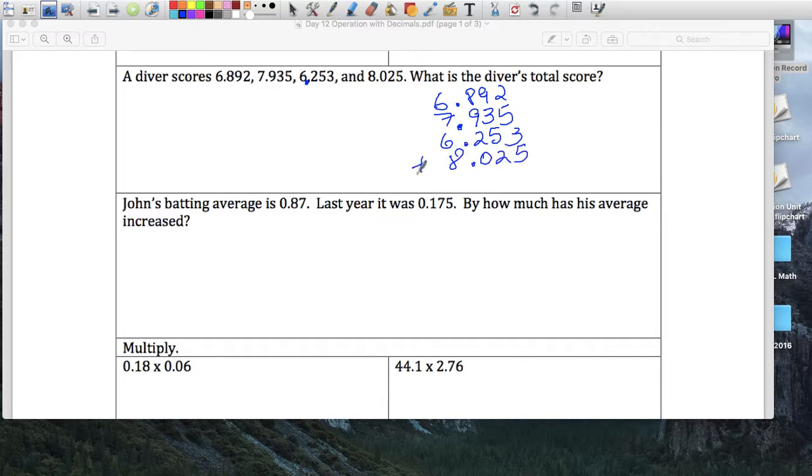Okay, it's a little bit crooked, but all these 2, the 5, the 3, and the 5. So this would be 15, carry a 1, 9, 10, 15, 9, 10, 17, 20, carry 2, 10, 19, 21, carry 2 again, 10, 22, 29. So 29.105 would be his score.